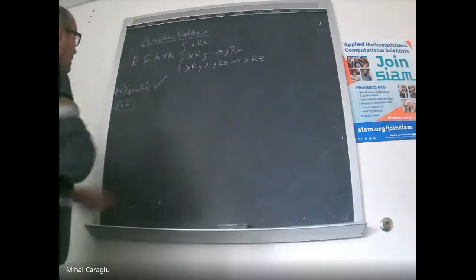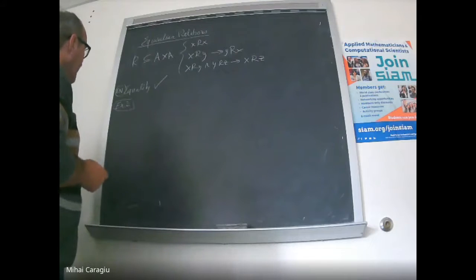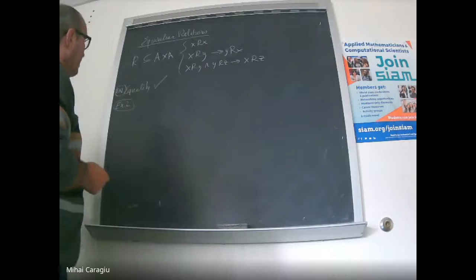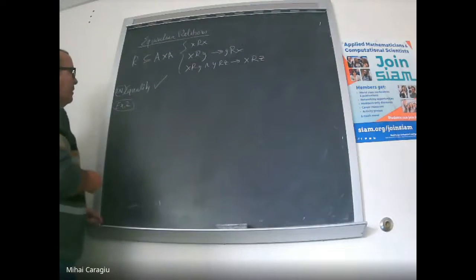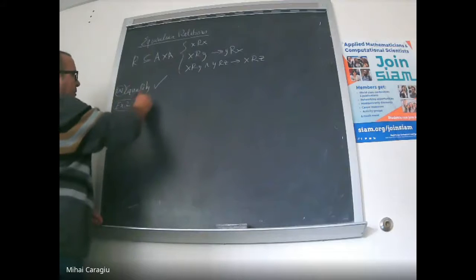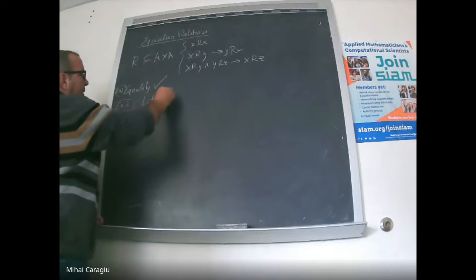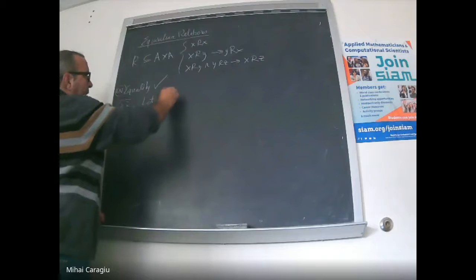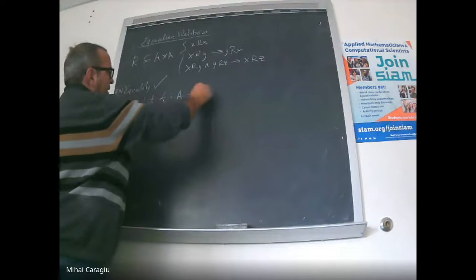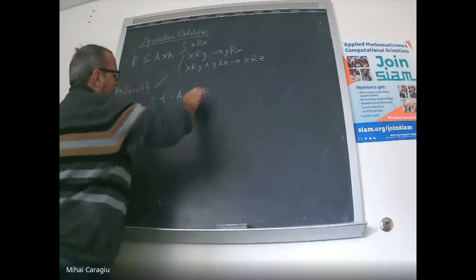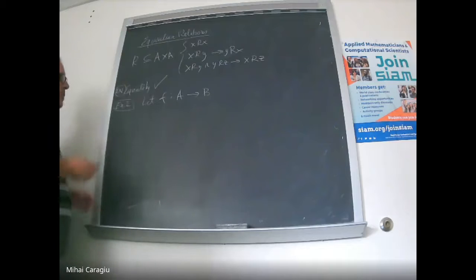This example will be so typical in the sense that every equivalence relation on a set A is of this type. So let's define example 2. Let A be a set and f be a function from A to another set B. So A is the domain, B is some codomain.